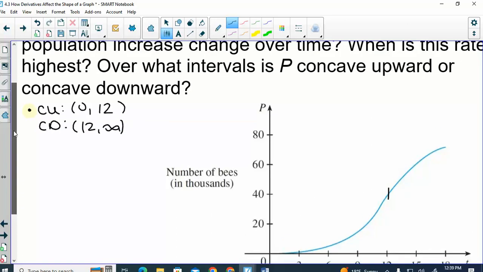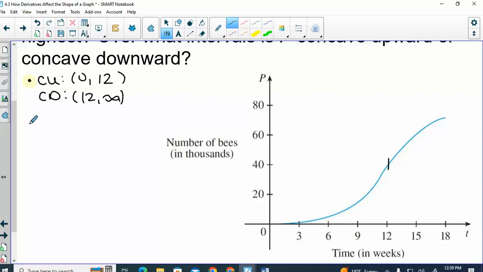Okay, when was it increasing the fastest? Where specifically on the graph did it rise the fastest? Like 9 to 12. Yeah.